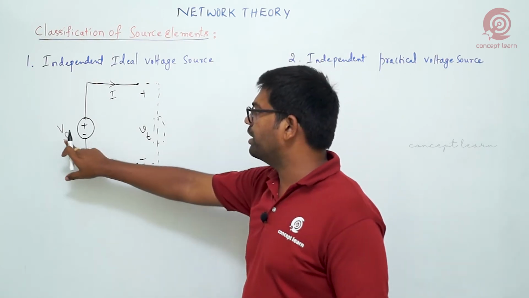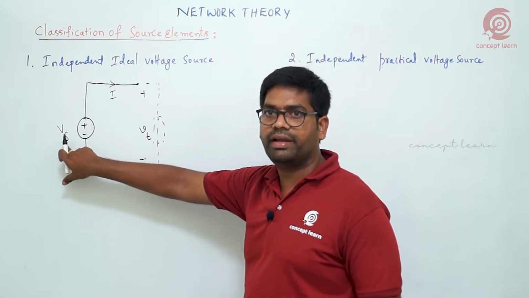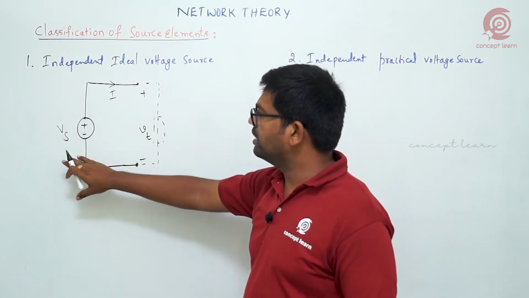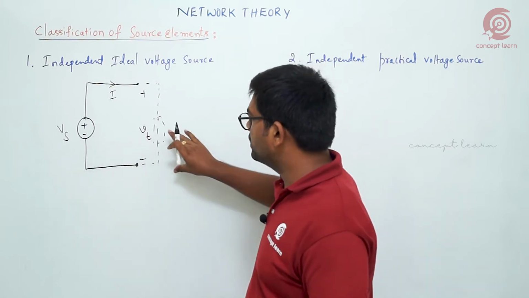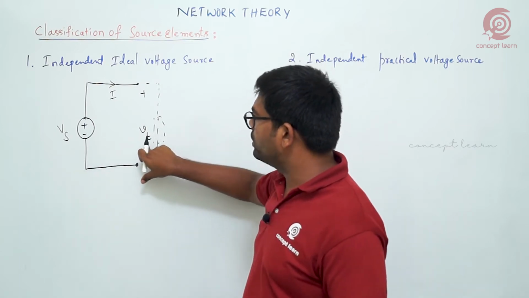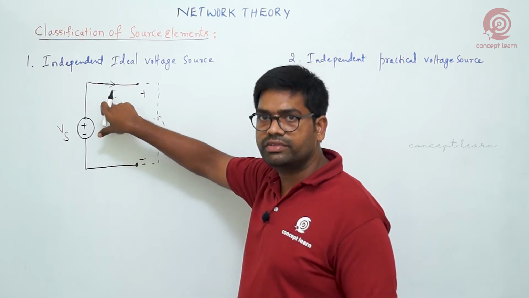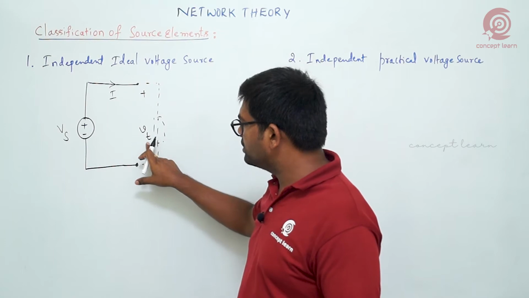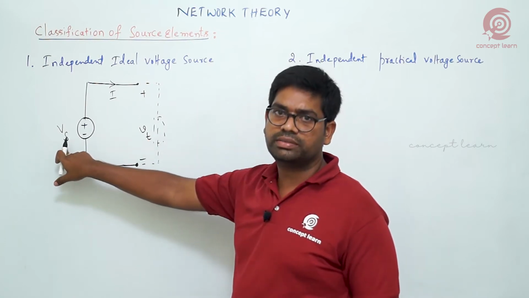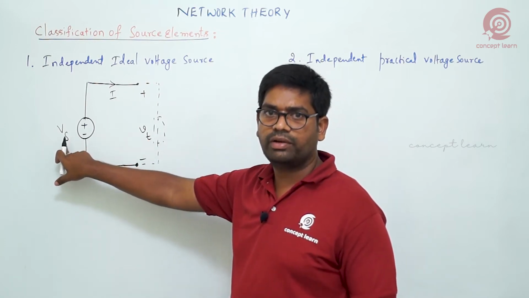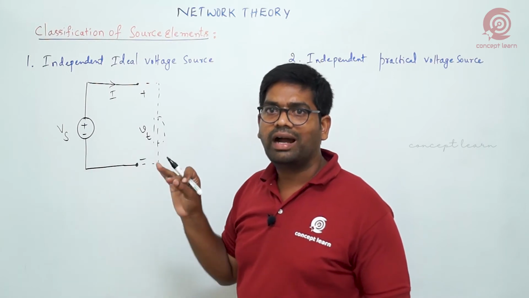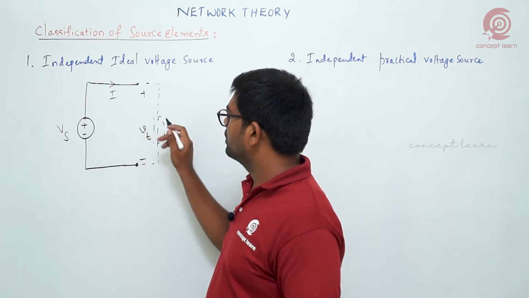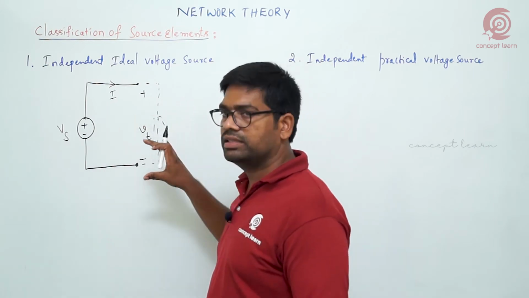Anyway, it is independent because there is no dependency on any variable in that particular circuit. But specifically, if this terminal voltage is independent of this current, whatever the value of current flowing, and this voltage is always equal to the source voltage or applied voltage, then it is an ideal voltage source.